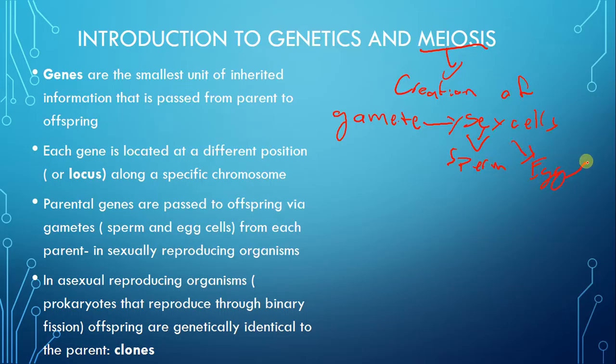So in meiosis, we're creating sex cells, sperm and egg, and they both have half the total genetic info. So in humans, sperm and egg cells only have 23 chromosomes.